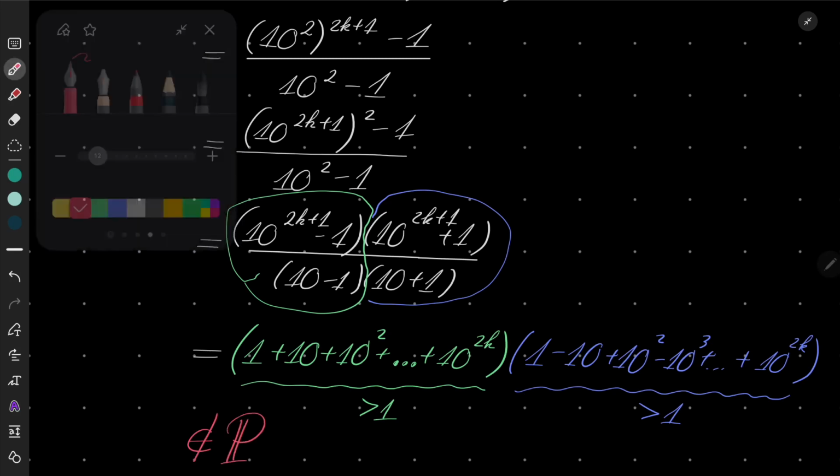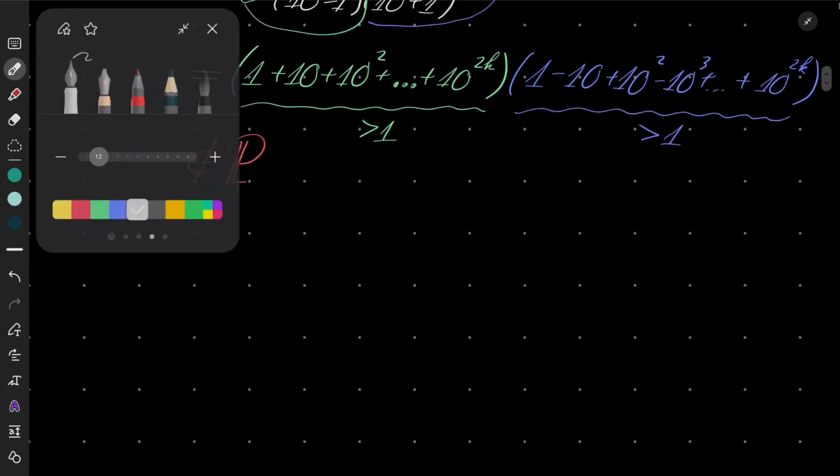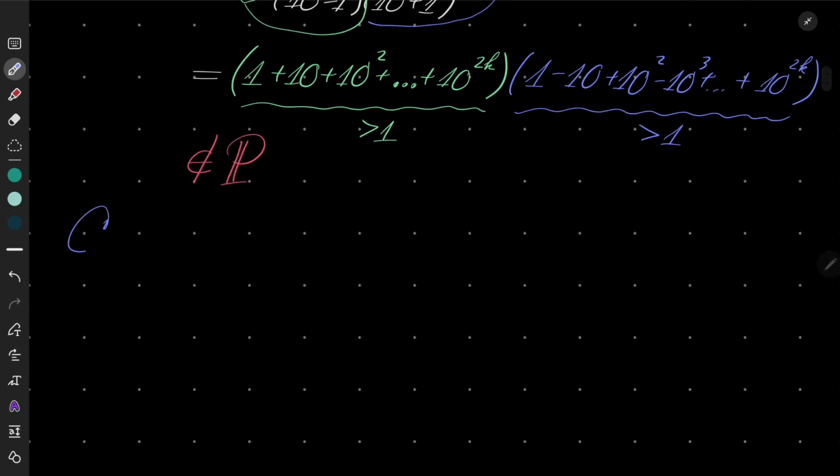Okay, so we know what's happening in the case of odd number of ones, and now I will deal with the case of even number of ones. Case number 2, even number of digits 1.